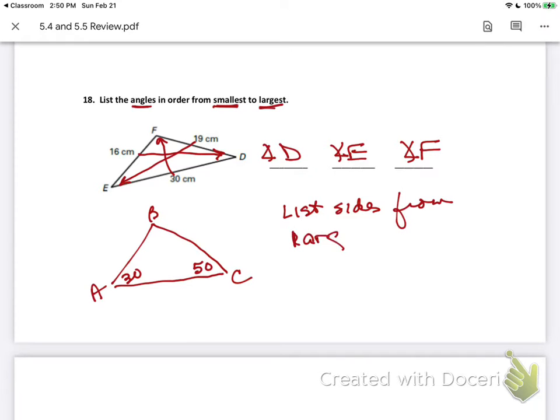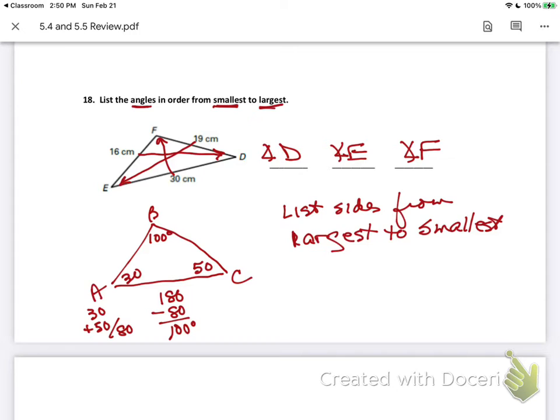largest this time, largest to smallest, your first thing to do is to say there are 180 degrees in a triangle. So far I have 30 plus 50, that's 80. So I have to have another 100 degrees left. You must start out by doing that if they don't give you all three angles.